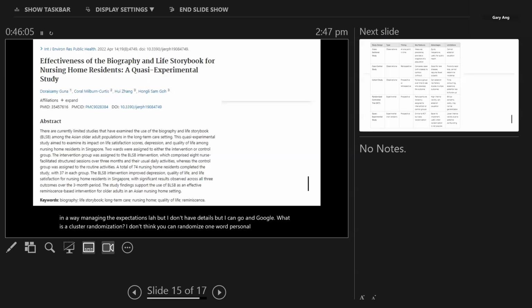Maybe you need 20 wards, then 10 of the wards get this, 10 of the wards the other. That could be the definition of a cluster randomized trial. Sure. Otherwise it becomes very funny. Because in life they'll say that if my ward and your ward are slightly different, level 3 or level 2, I'm nearer to the toilet, therefore I'll be better, things like that. So they kind of qualify themselves.